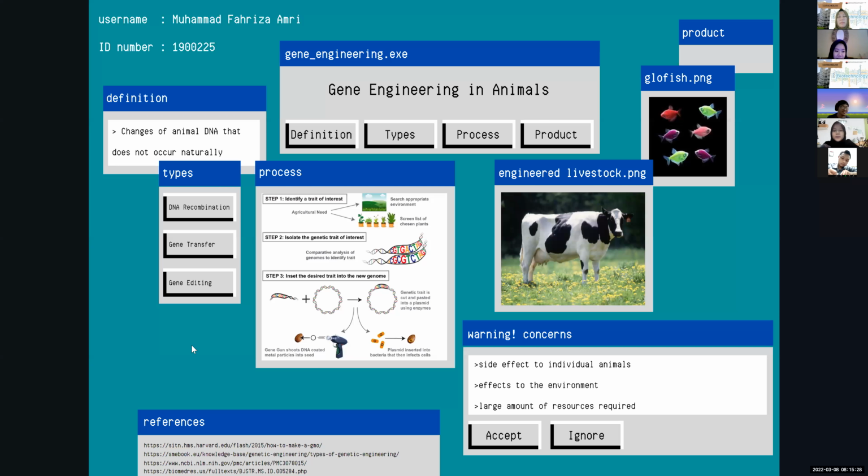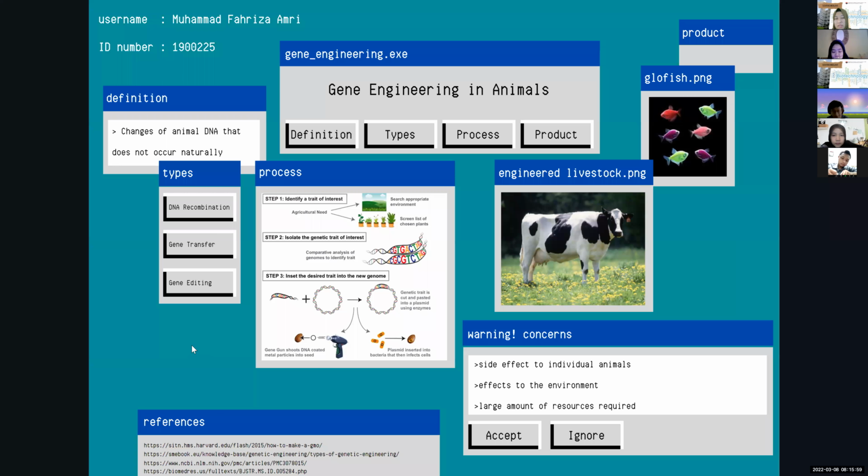Okay. And the last question is from Miss Lilith. If I'm not mistaken, the question was, what is the difference between gene engineering in animals and DNA recombination? Is it true, Miss? Yeah, I focus on the types here, DNA recombination, because last week we already learned about DNA recombination technology with Miss Ani.